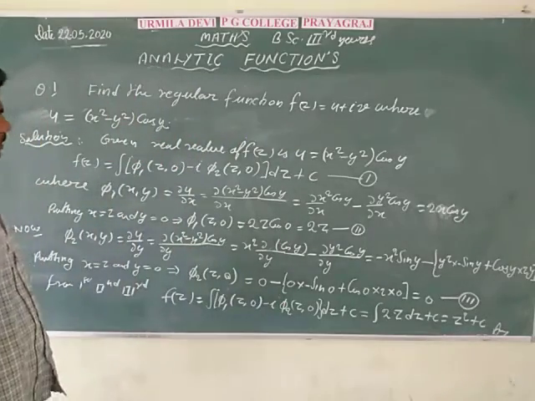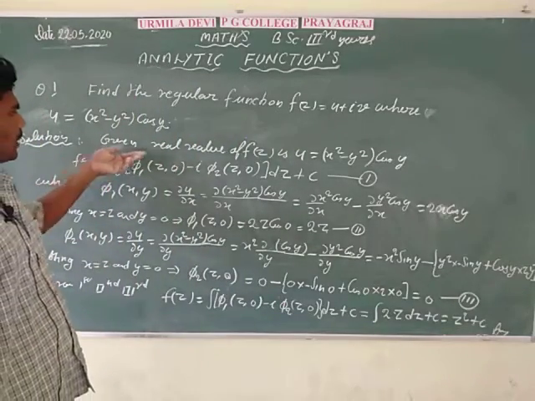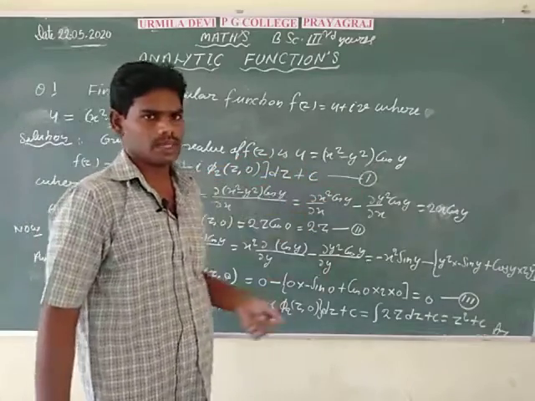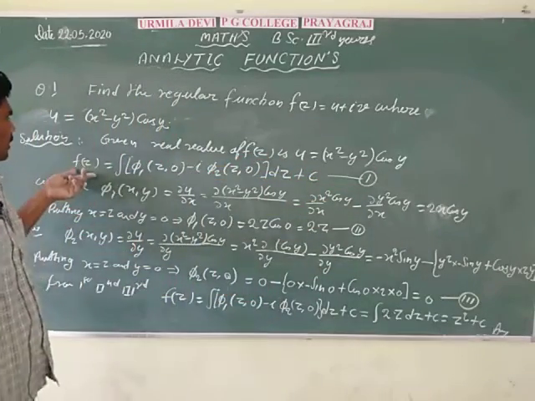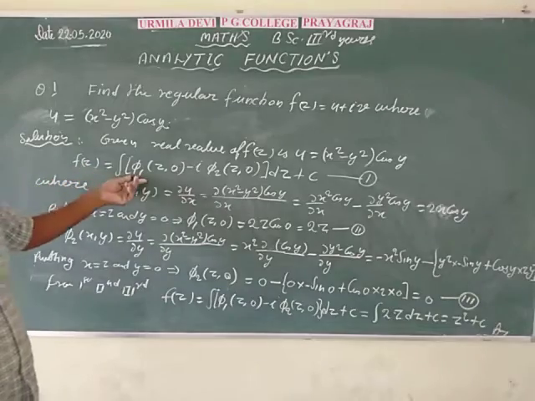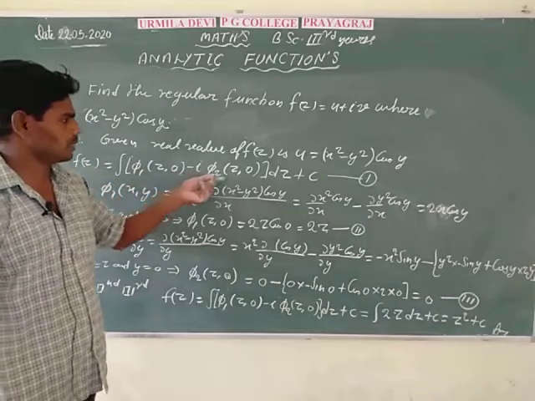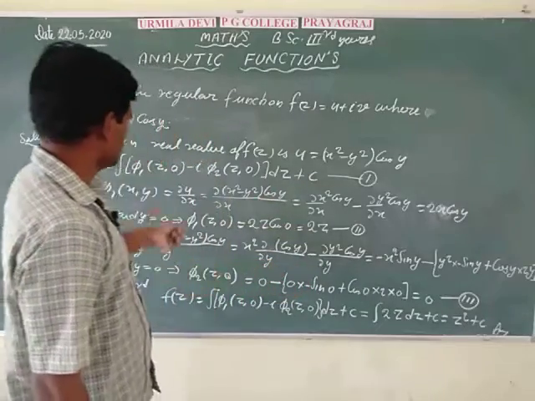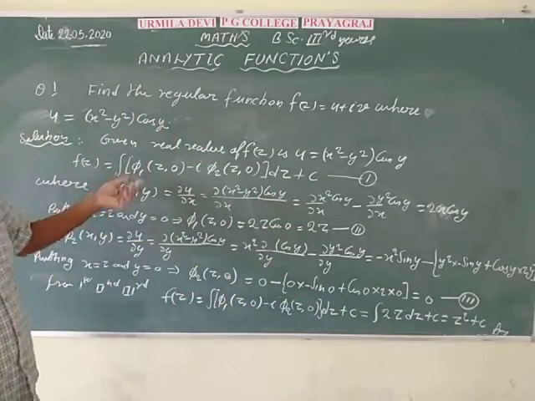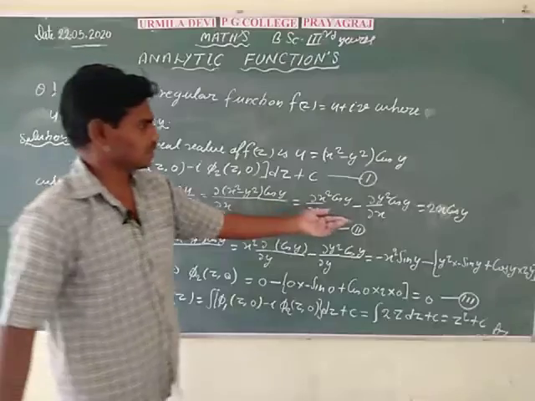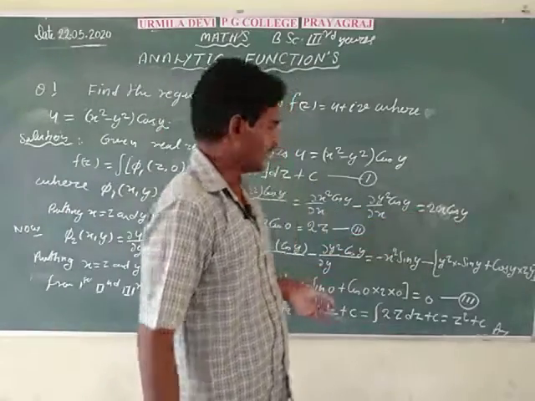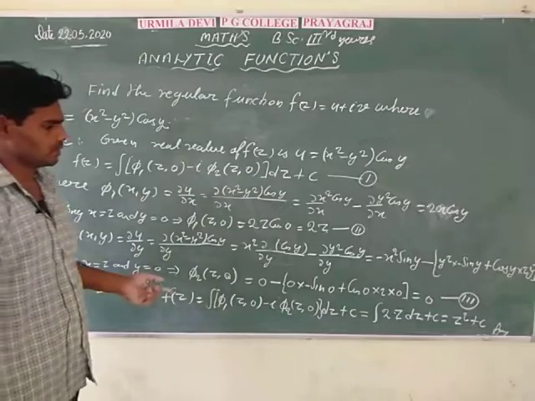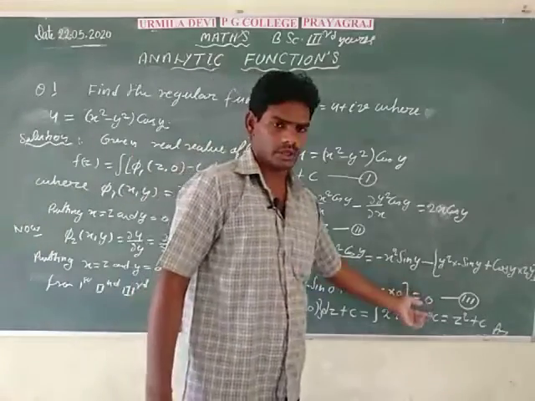Let me revise once again. Given the real part u = (x² − y²) cos y, then by the Milne-Thomson method the required f(z) is equal to the integral of φ1(z, 0) minus i times φ2(z, 0) dz plus c. First calculate the value of φ1, which is equal to 2x cos y, and then find the value of φ2, which is equal to 0.